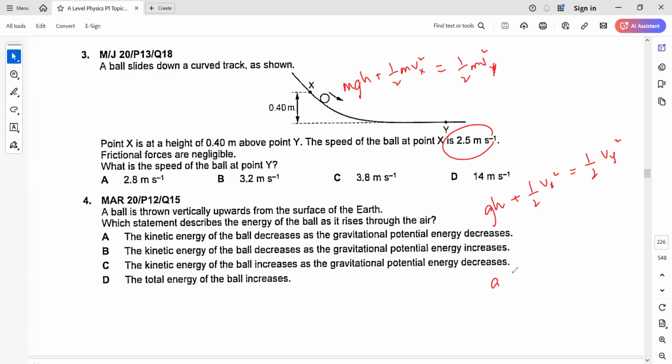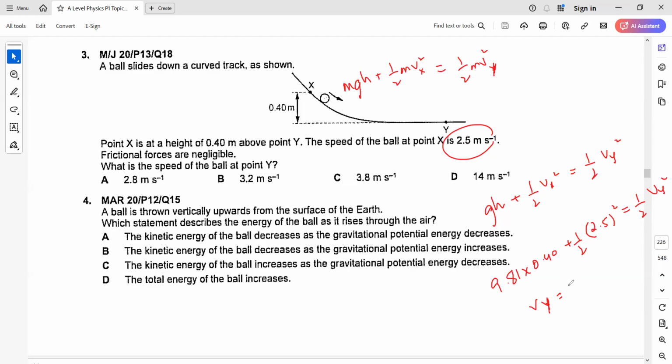So let's do gh. That's 9.81, h is 0.40, plus half Vx squared, sorry, that's 2.5 squared. Half Vy squared. So Vy comes out to be what? So 9.81 times 0.40 plus 0.5 times 2.5 squared.